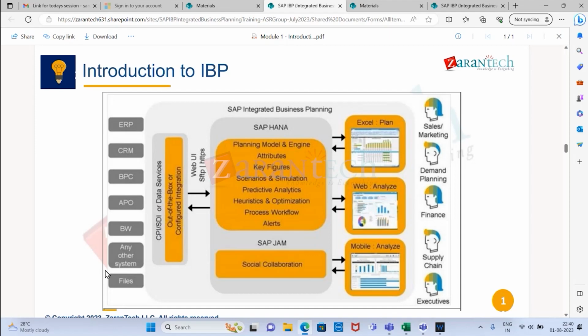So it will immediately do the MRP run in the background and create the requirements of 500 pounds, because the objective of every organization is to fulfill customer demand as soon as possible, so that the customer is satisfied, as well as the organization is getting the revenue and profitability as per their target.